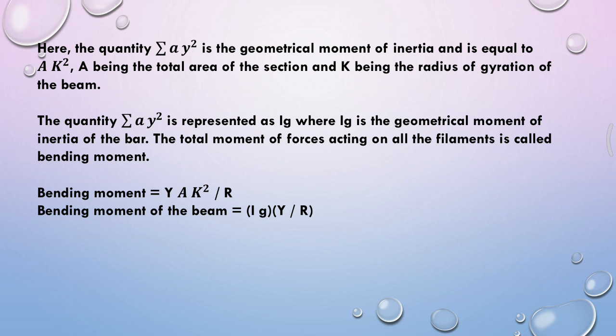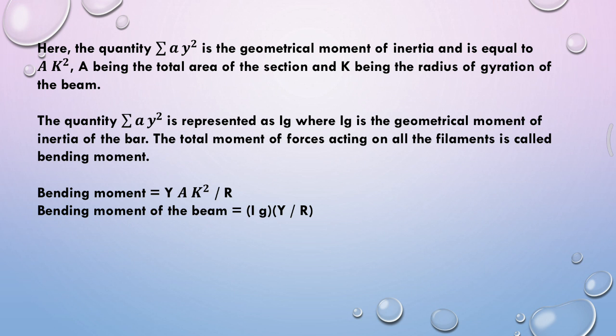The total moment of forces acting on all the filaments is called the bending moment, and this bending moment is given by capital Y by r into sigma a y square, which is nothing but A k square, where k is the radius of gyration.